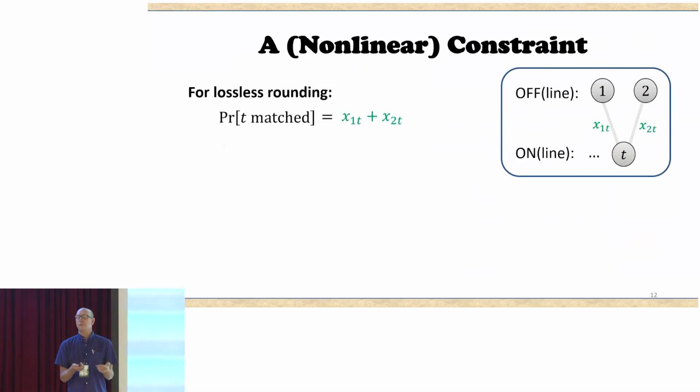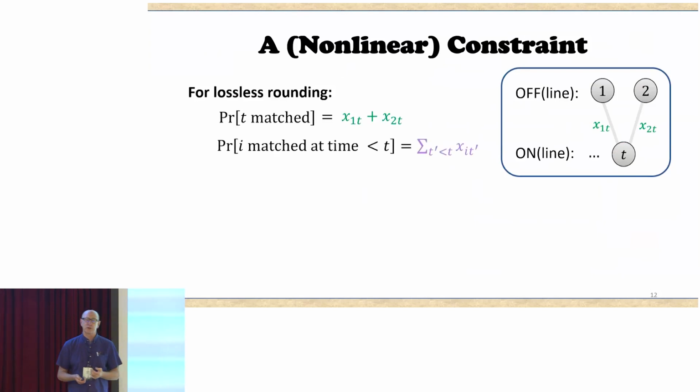Now, if we have lossless rounding, the probability that t is matched is equal to x1t plus x2t. By the same token, the probability that each of the vertices 1 and 2 is matched before time t is just the sum of the fractions which are adjacent to them.